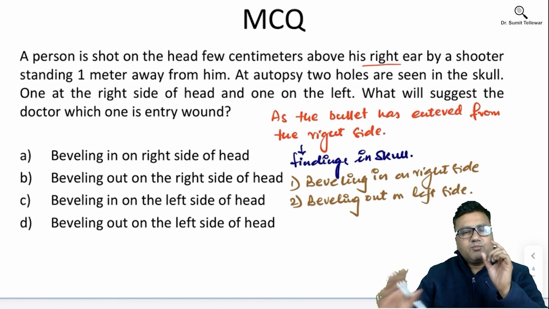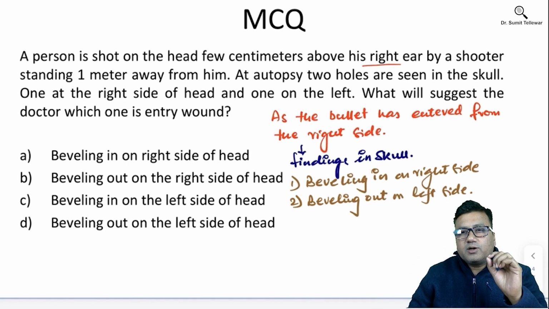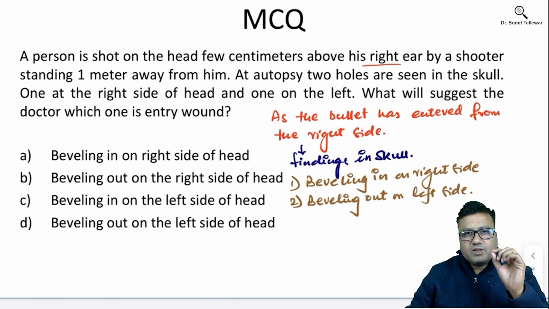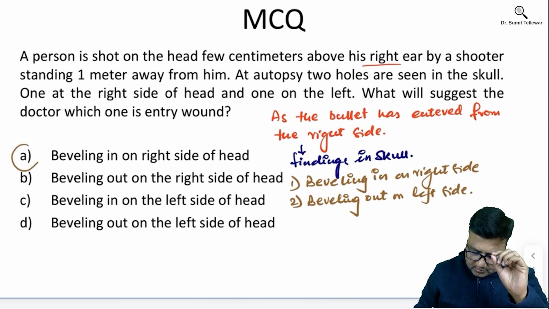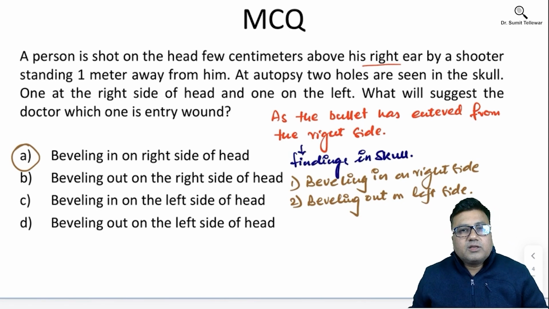So what will help the autopsy doer identify which one is the entry wound, right? This is the question. So the answer is beveling in on the right side of the head.